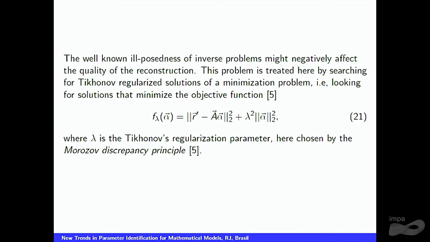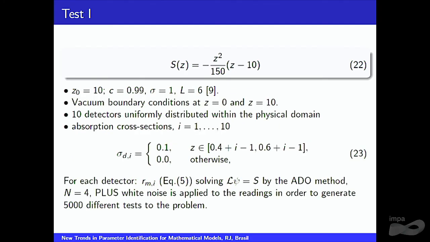As I mentioned before, we try to use Tikhonov's regularization here to deal with the ill-conditioning of the problem, where in this case we took this lambda based on the Morozov principle. So our first test was this polynomial source.